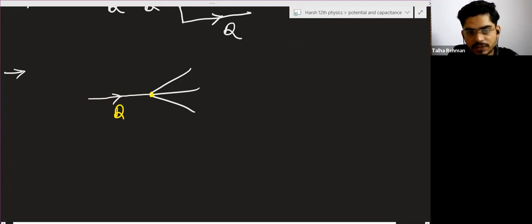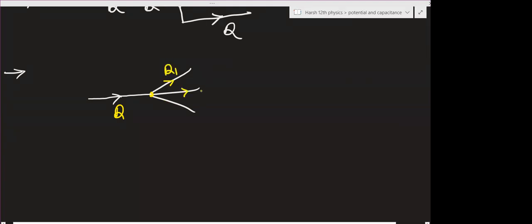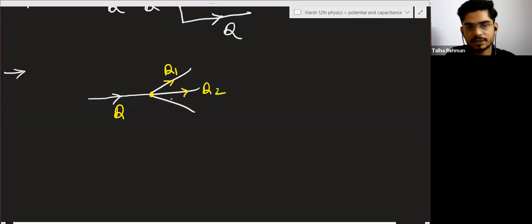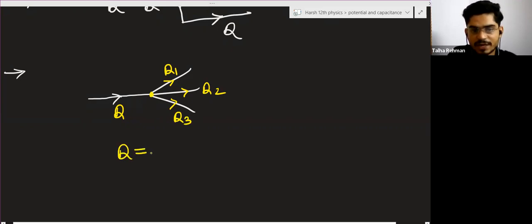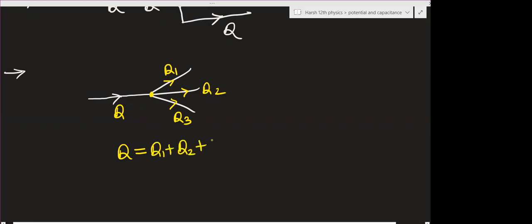Now this is a different wire, this is a different wire, this is a different wire. So here there will be different charges. I am representing them with Q1, Q2 and Q3, and you can see this charge Q is dividing like this, so I can simply write Q equals Q1 plus Q2 plus Q3.